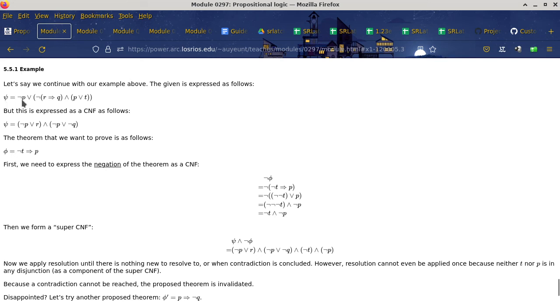Psi is this part here, which we just converted from a regular well-formed formula into conjunctive normal form. And then this is my proposed theorem, which is simply not T implies P. So what I want to know is, does psi imply phi?